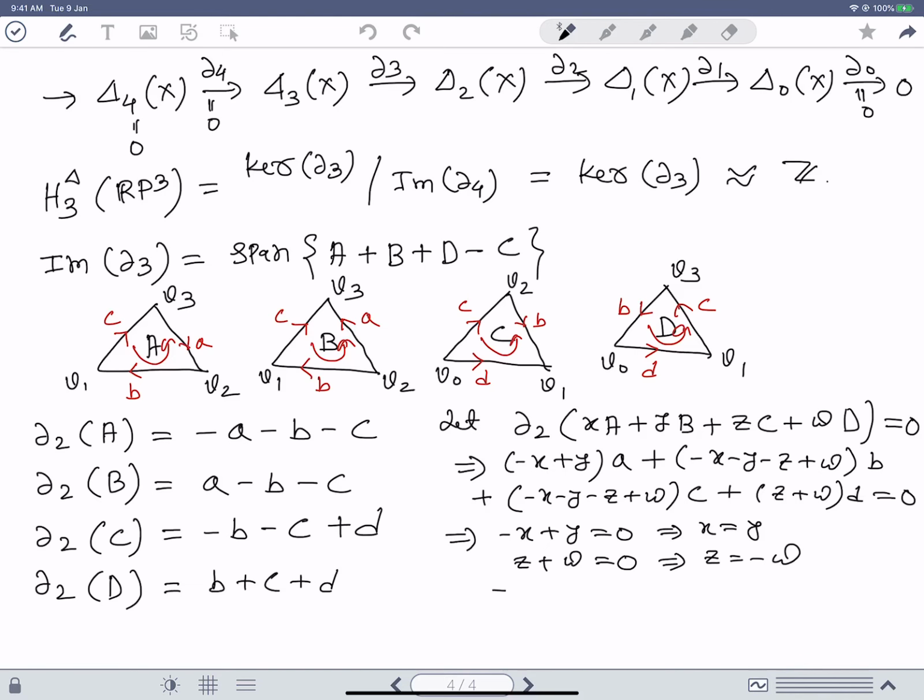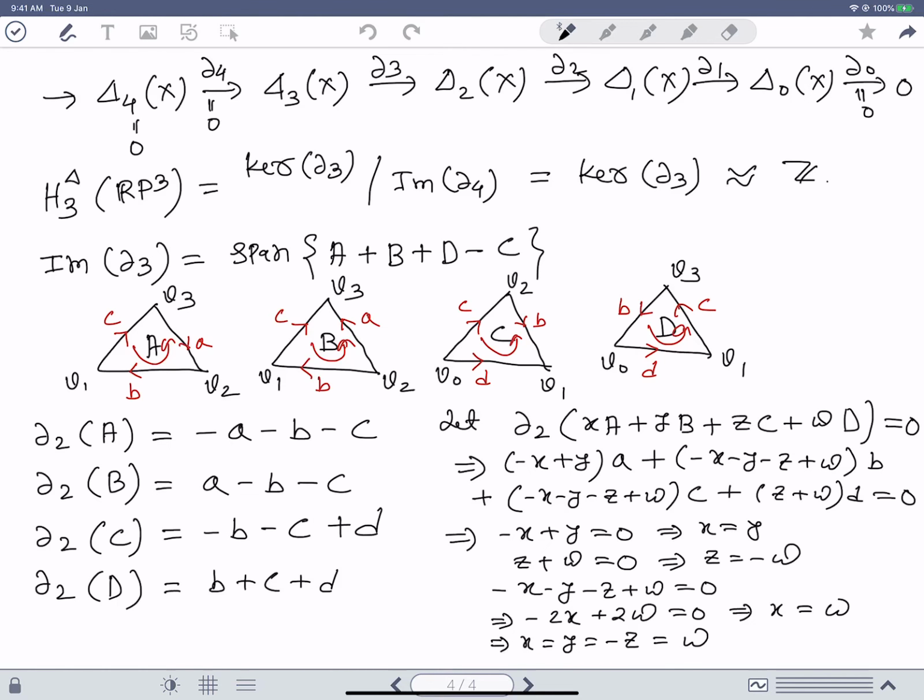We also have minus x minus y minus z plus w equal to 0, but we already have x equal to y, so we have minus 2x, and z equal to minus w, so we can write 2w equal to 0, that implies x equal to w. So we have x equal to y equal to minus z equal to w.